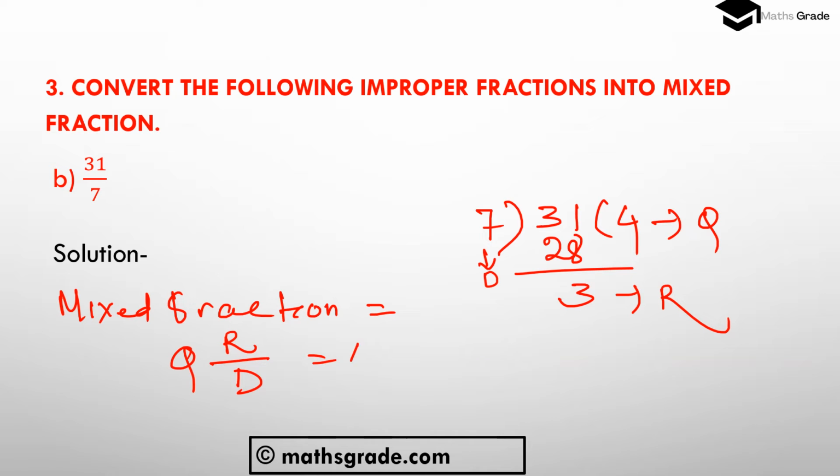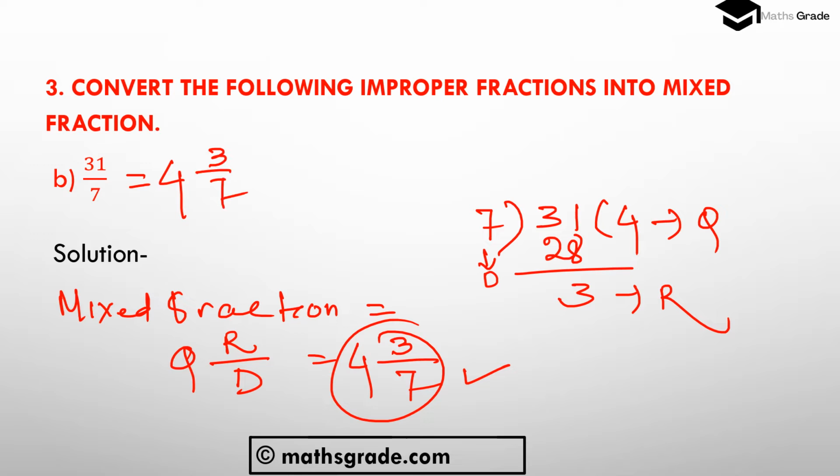Here the quotient is 4, the remainder is 3, the divisor is 7. So 4 and 3/7, where 4 is the natural number and 3/7 is the proper fraction. So converting 31/7 into a mixed fraction gives 4 and 3/7.